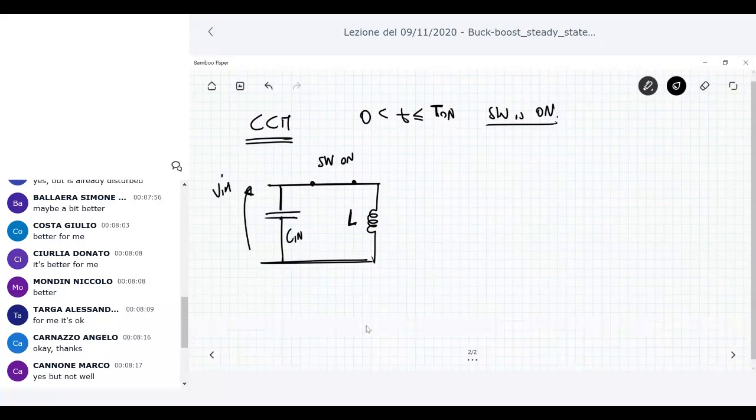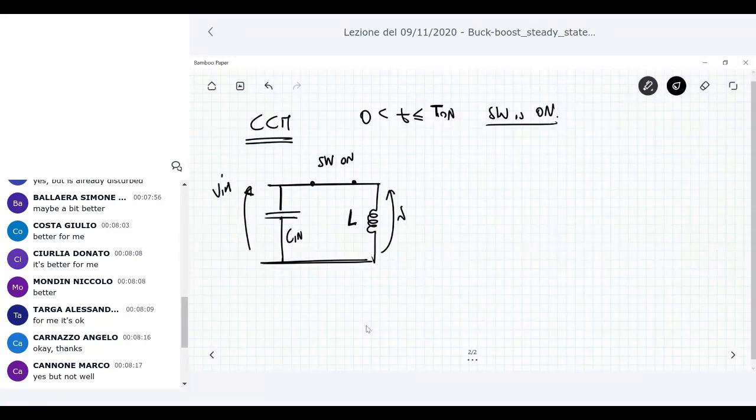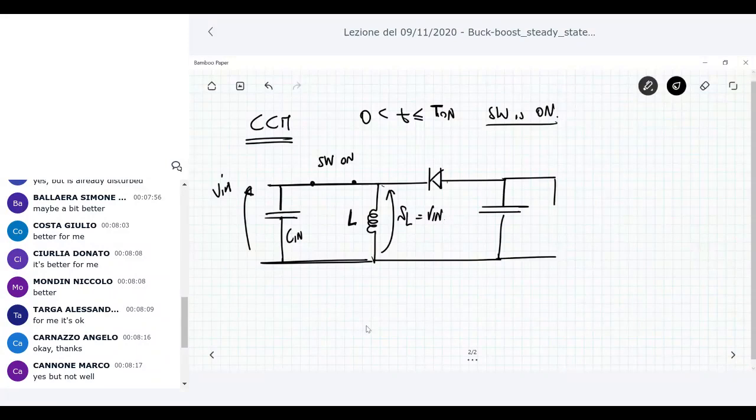The switch is closed, so that means that the voltage across the inductor, which is VL, is exactly the voltage V_in. Then you have here the diode. What happens to the diode? Then you have here the C naught, R, and then you have V naught.